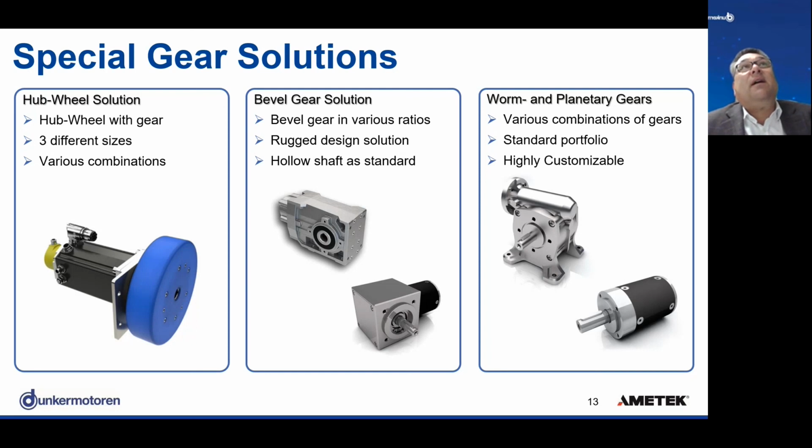Additionally, we have angled gearboxes in bevel gear style available with a rugged design and hollow shafts for high torque applications, and the standard gear system of Dunkermotoren in worm and planetary gears are also combinable with the motors, for both the microdrive and the integrated decentralized solution.